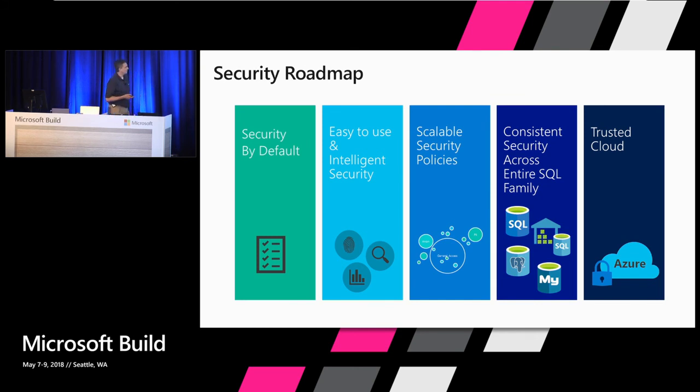The consistency across our family, including managed instance, is another area where we haven't done quite so well, and we're looking at this again to make sure that when a feature comes out, we don't have a big matrix saying, well, it works here, but it doesn't work in this version. So for example, DW is an area where we're actively trying to close some of the gaps that we have in terms of security.